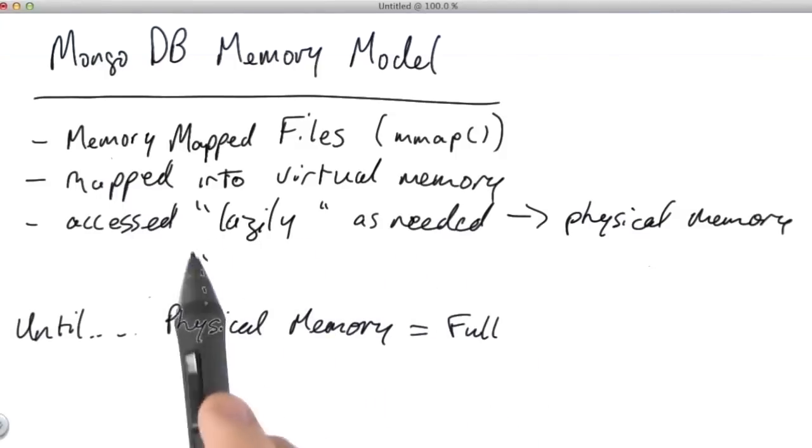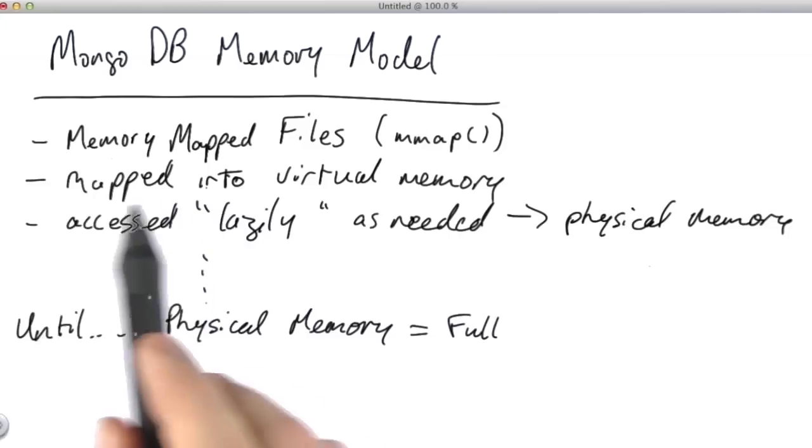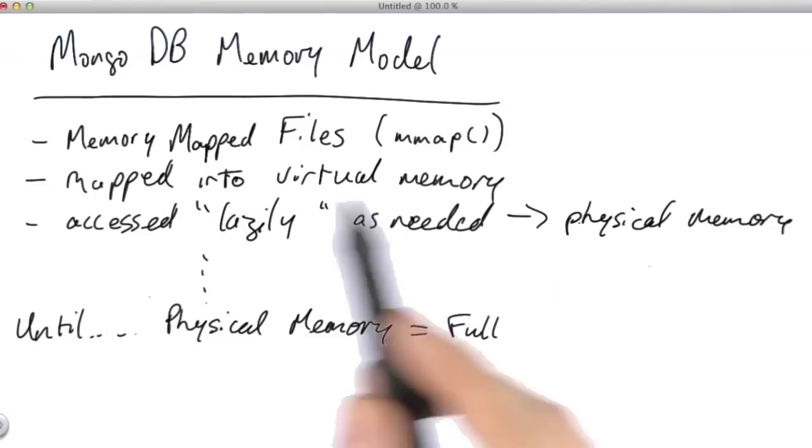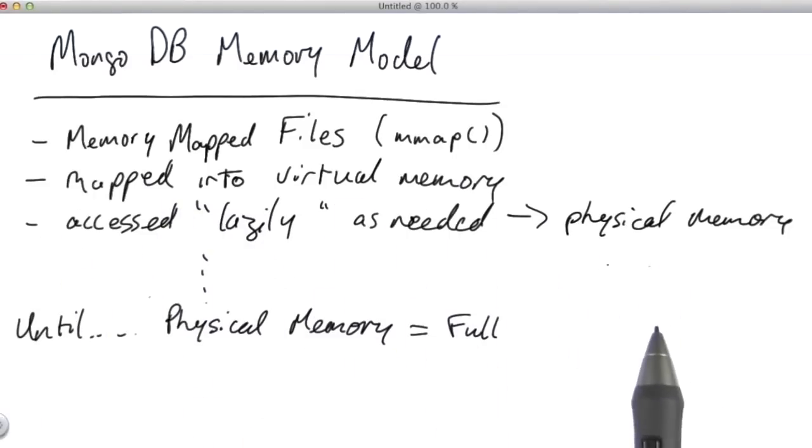So you've been lazily loading these pieces of data, these pages, into memory as you needed them. And eventually, with your 500 gigs of data, or however much it actually might be, you do finally fill up your physical memory. So with physical memory full, instead of just loading things in as needed, the kernel then actually has to find room for the next page that you ask for.